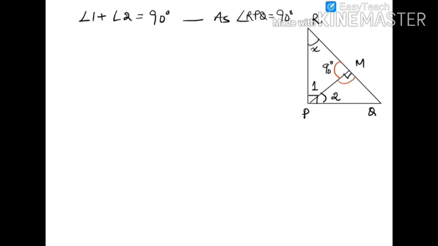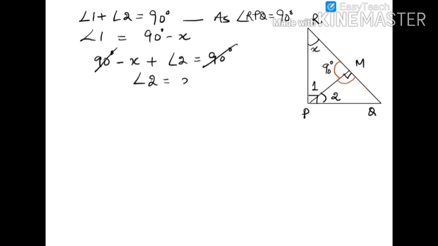But we have just shown that angle 1 is equal to 90 minus X. So substituting angle 1 in the above equation, we can find angle 2. So 90 degrees minus X plus angle 2 will be equal to 90 degrees. Equal quantities will cancel. So angle 2 will be equal to X.